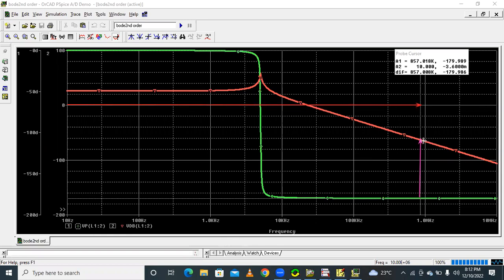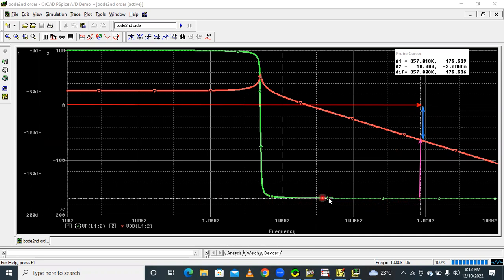This is our gain margin. This length here is called the gain margin. In this way we have to find the gain margin practically. Similarly, the phase margin is almost zero because there is no margin between the 180 degrees line and this phase.